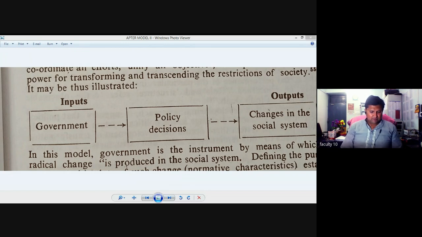Right. Now to Almond and Powell, the analysis of political system must consist not only of the observation of the actual pattern of behavior and interaction over a period of time, but also of those subjective propensities located in the political system as a whole and in its various parts. This means the capabilities of a political system.